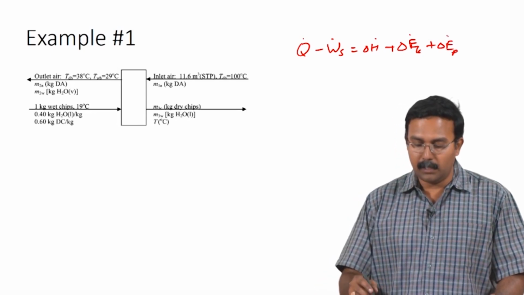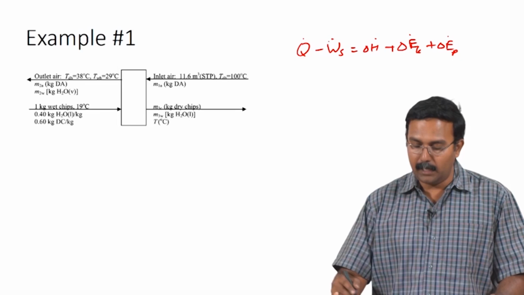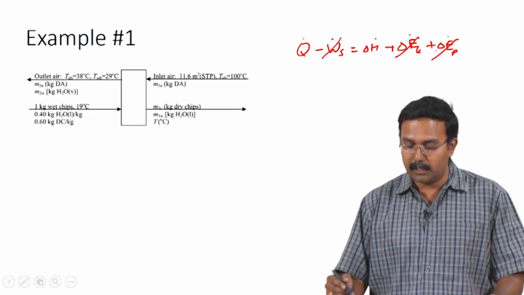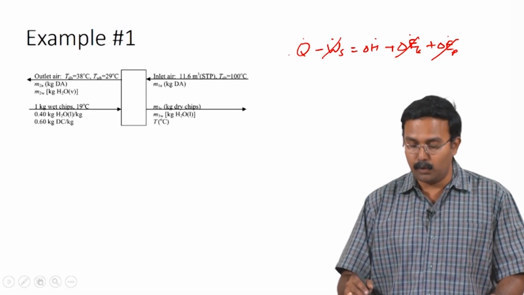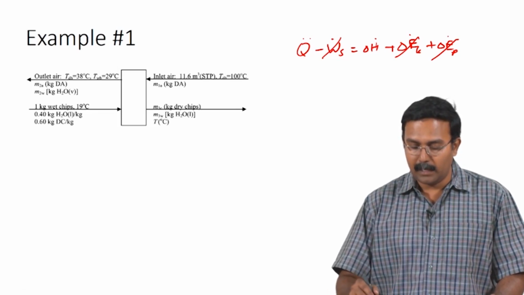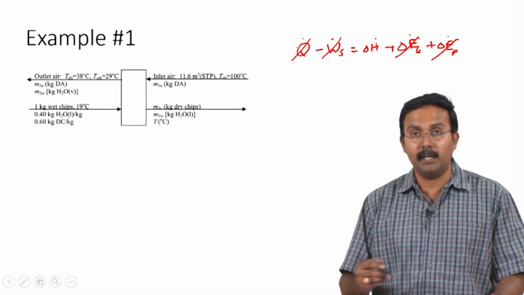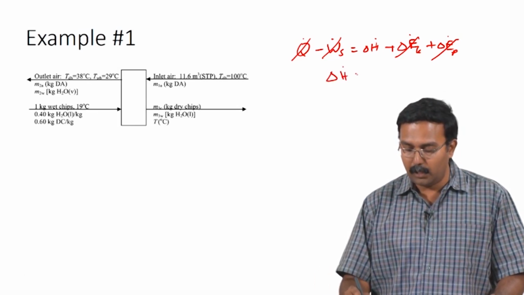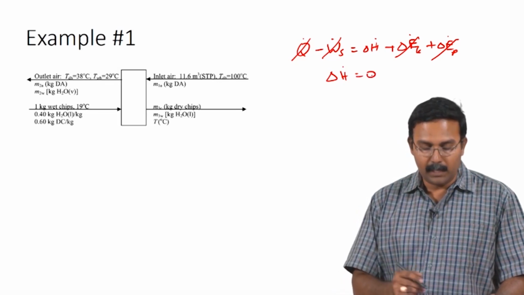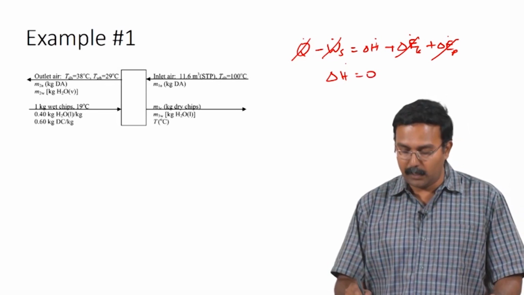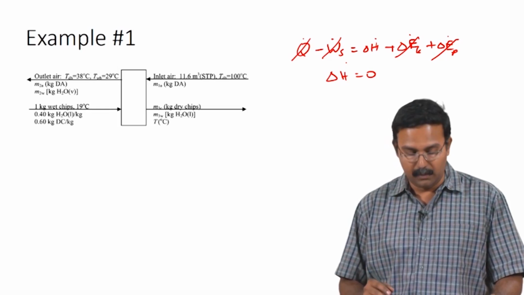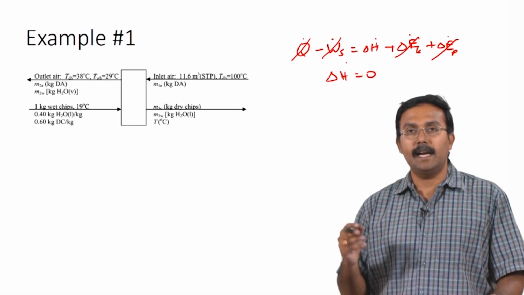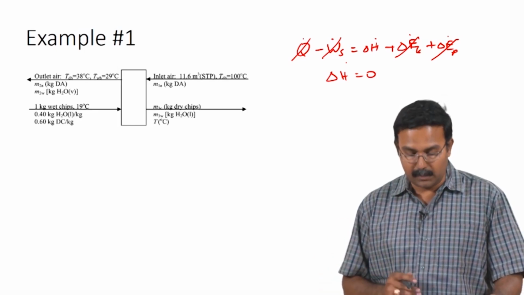Since it has been shown that there are no moving parts and kinetic and potential energies are 0, the equation simplifies to Q dot equals delta H dot, and as the system is operating under adiabatic conditions, Q dot also goes to 0, giving you delta H dot equals 0. Since the flow rates are not given and only masses are given, we can write this as delta H equals 0. So, we can use this equation to perform calculations and identify the temperature of the exit stream.